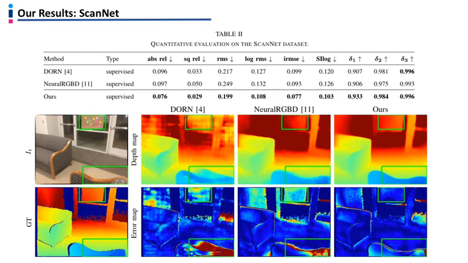This figure also shows the comparison on the ScanNet dataset. The first row shows depth maps and the second row shows error maps. Comparing the error maps, we produce depth maps with lower error compared to Neural RGB and DeepV2D. Our output depth map is less noisy and more complete.